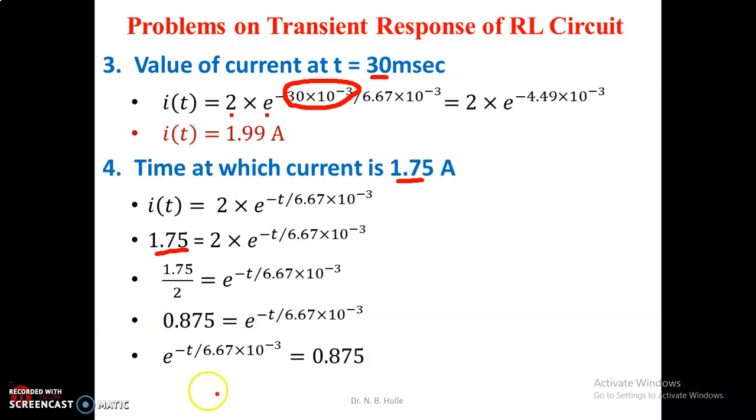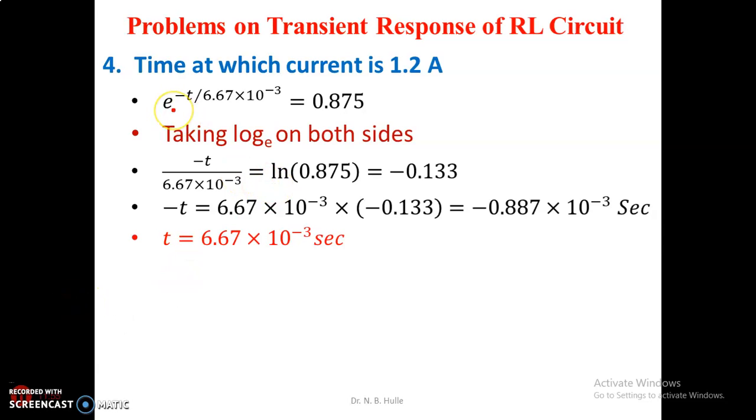Taking the log on both sides, the log and antilog cancel, and the left hand side becomes minus t divided by 6.67 into 10 raised to the power of minus 3, which is equal to log of 0.875, which is minus 0.133. Simplifying this expression, we get the time at which the current is 1.75 amperes as 6.67 into 10 raised to the power of minus 3 seconds.